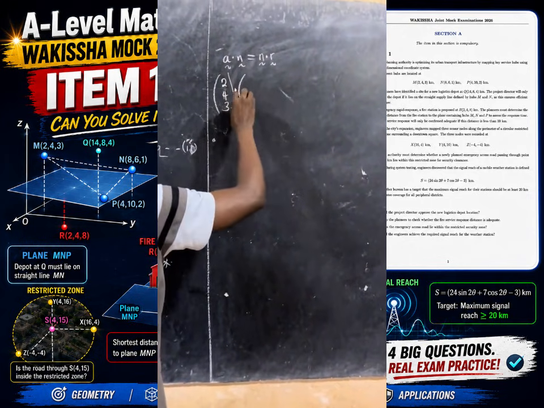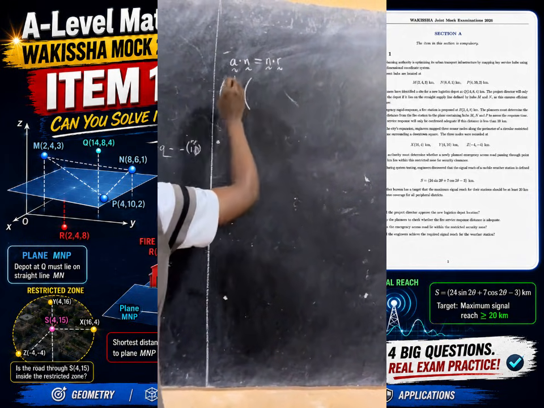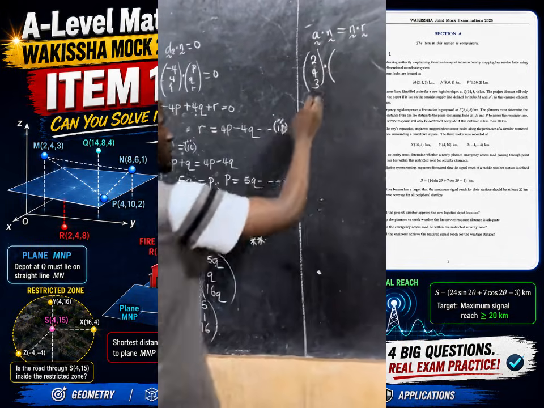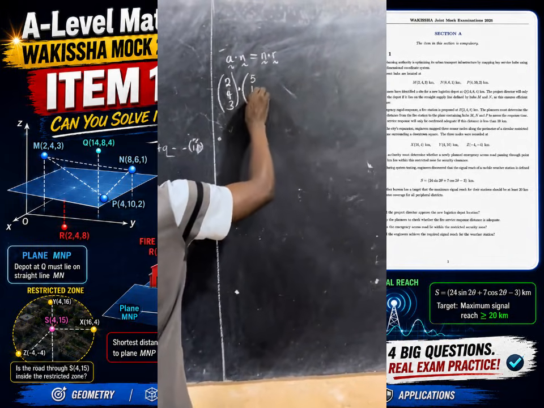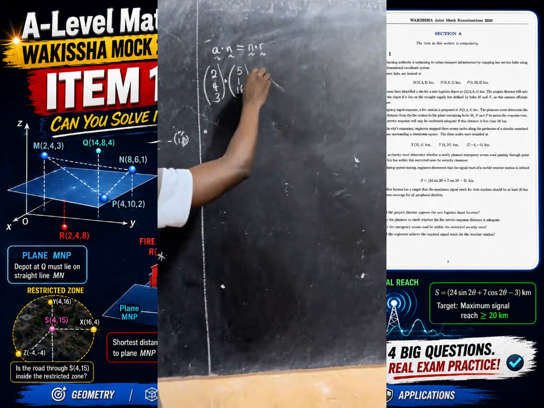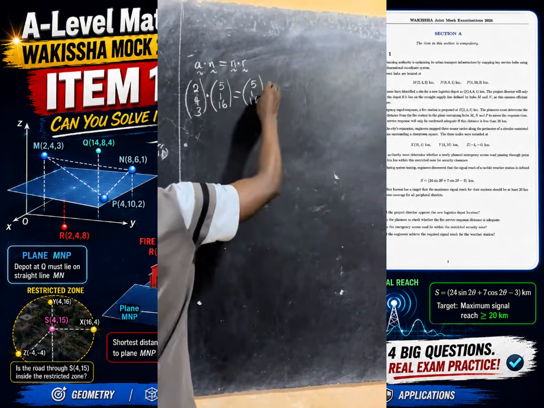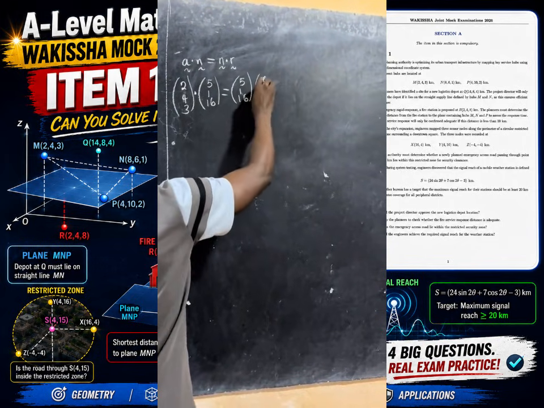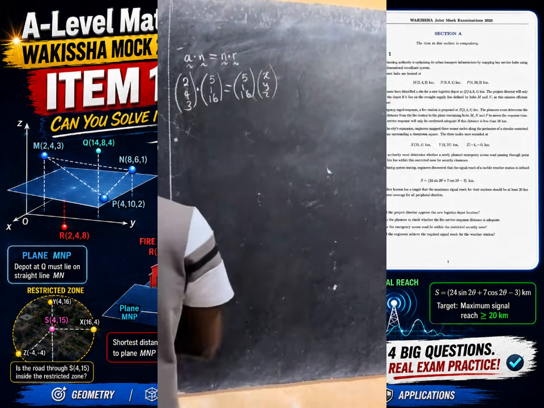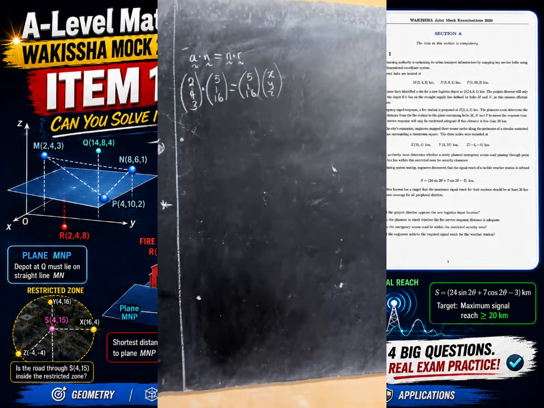I'm dotting it with the normal I've got, 5, 1, 16, equal to the normal 5, 1, 16 dotted with r, the coordinate x, y, z, because our plane is supposed to be in x, y, z.